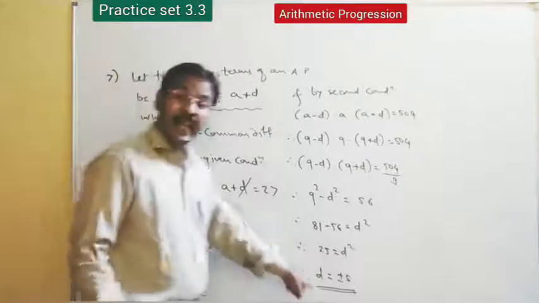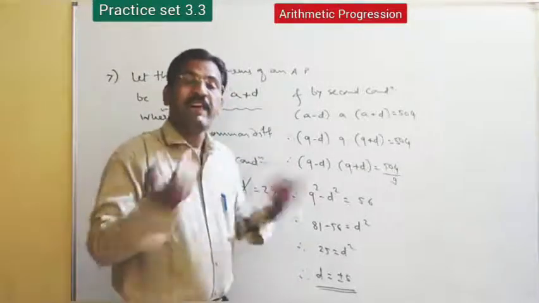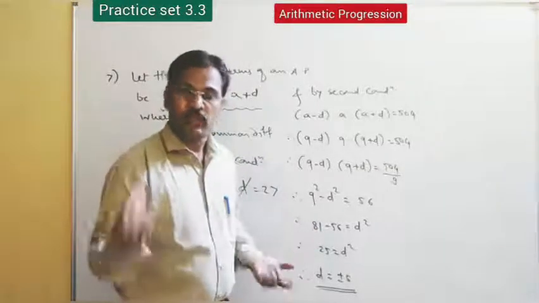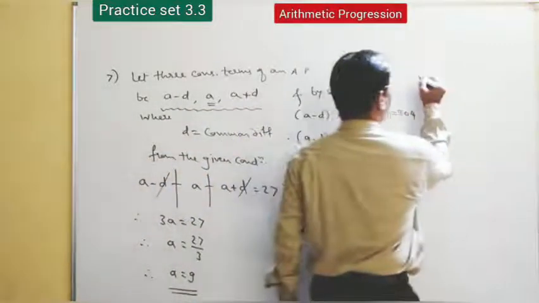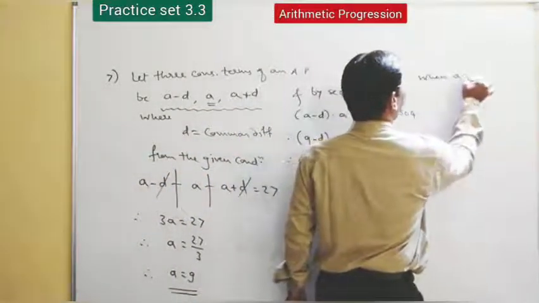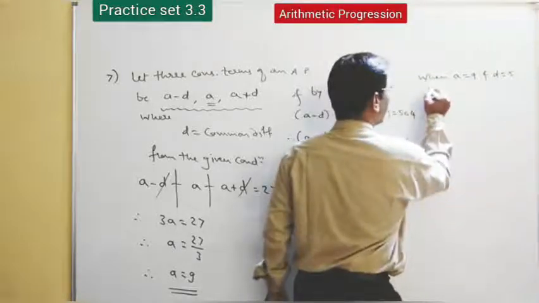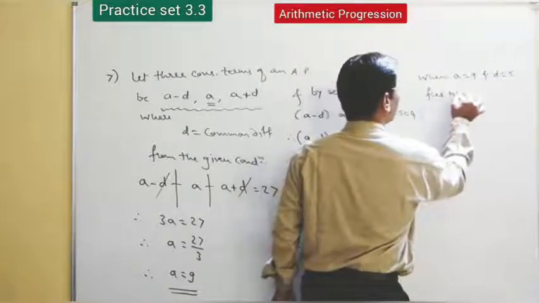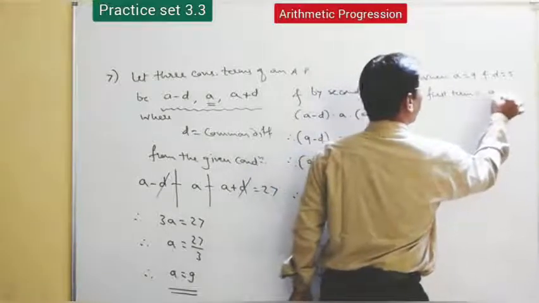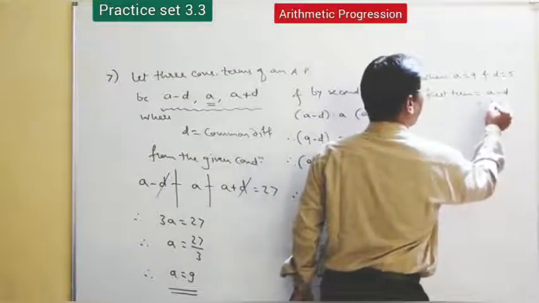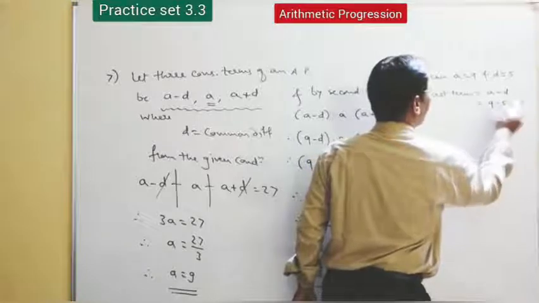But here d has two values. We have to think about when d is equal to plus 5 and when d is equal to minus 5. Look here, when a is equal to 9 and b is equal to plus 5, the first term is a minus b, which is 9 minus 5, which is 4.